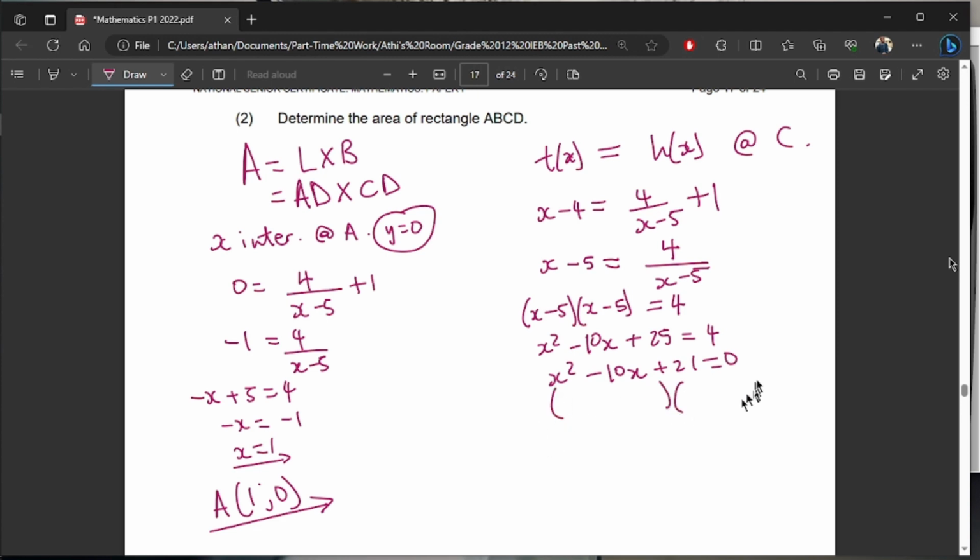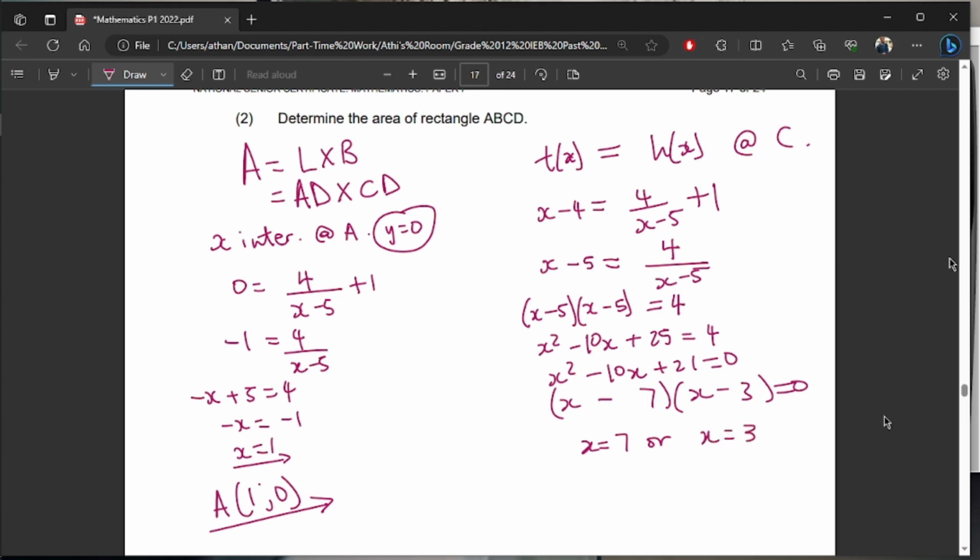And then factorize to get x. So it's x times x. Factors of 21 that can give us 10: it's 3 and 7. 3 times 7 is 21. That's fine. And then the 7 gets a negative, the 3 gets a negative, meaning x is equal to 7 or x is equal to 3.